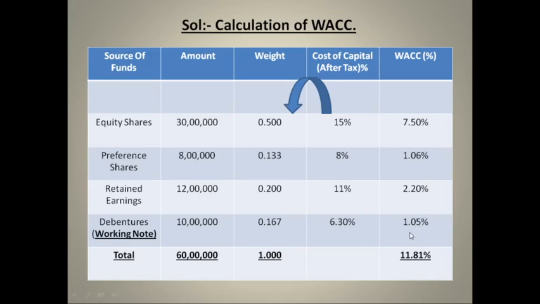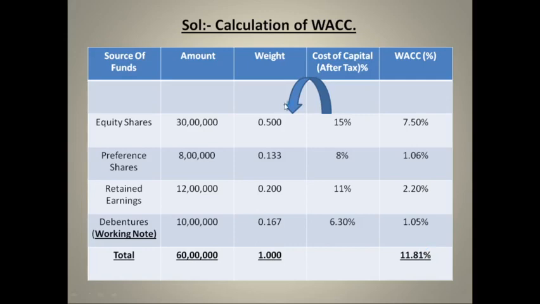Alright my dear friends, and finally we'll add all these numbers and get the final answer of WACC, the weighted average cost of capital for AB Limited, which is 11.81%. So what was the formula of WACC here?